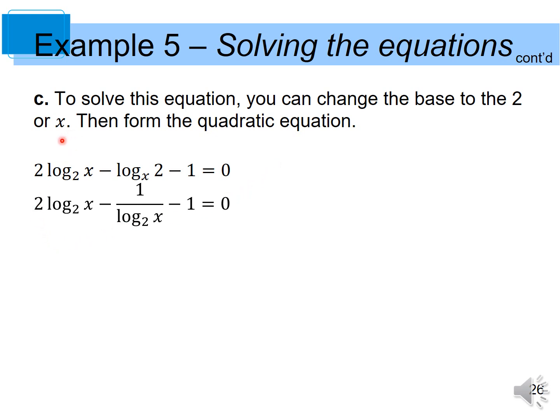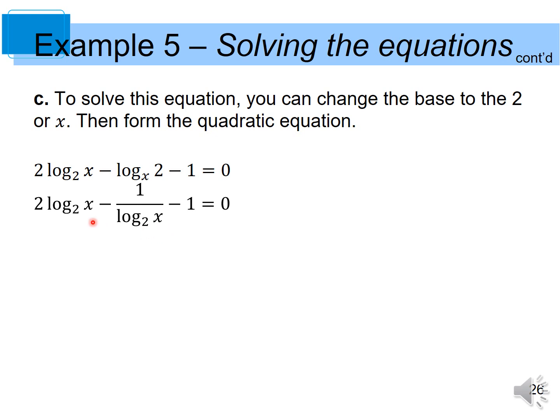If I select my base as 2, I keep the first term because its base is already 2. For the second term, I use the rule that we have just proven: log of 2 to the base x can be written as 1 over log of x to the base 2.